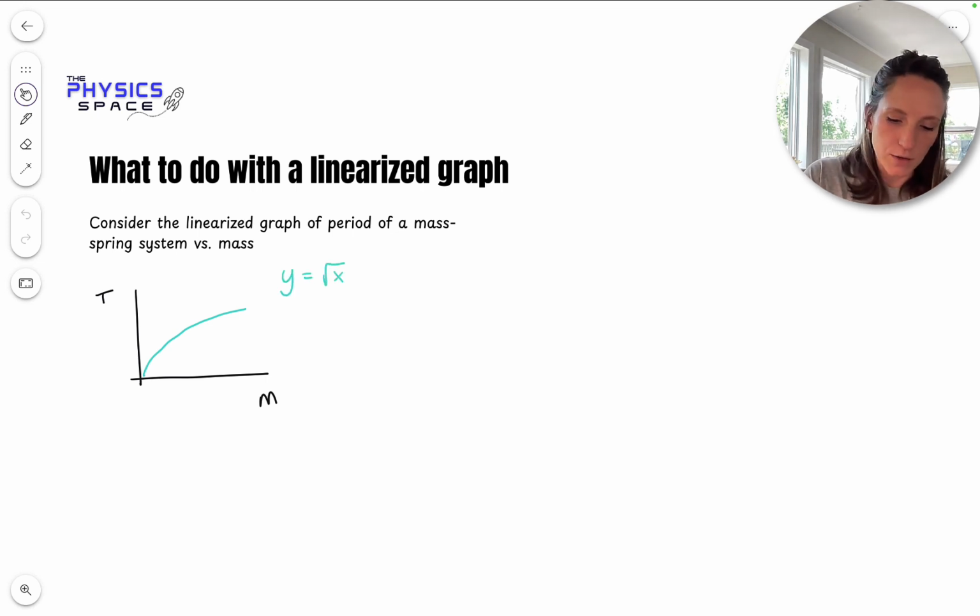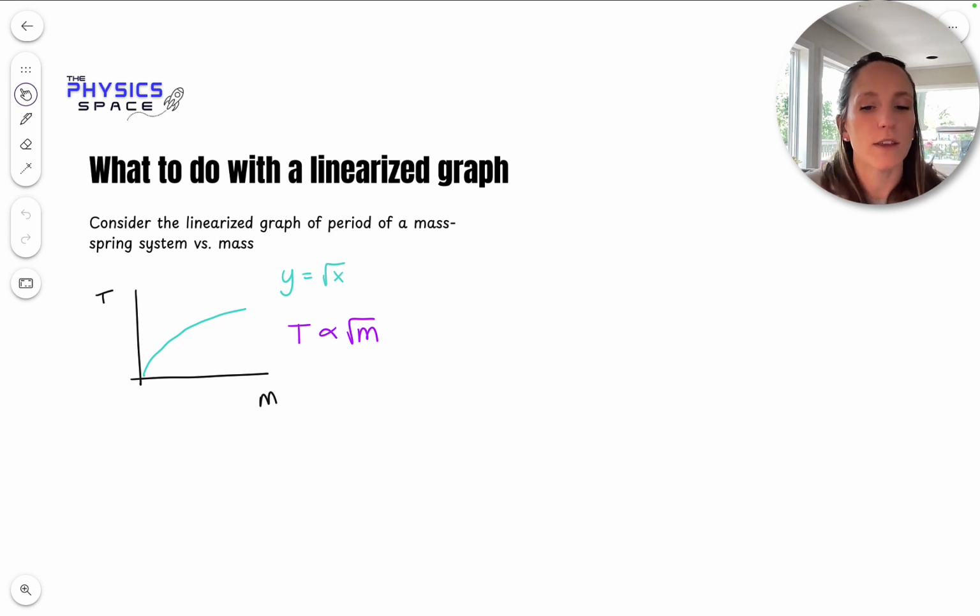So what this tells us here is that the period of this mass spring system is proportional to the square root of the mass. And if we look at the equation that relates those two things, 2 pi square root of the mass over the spring constant, that is consistent with an equation that we are familiar with already. So that fully makes sense.